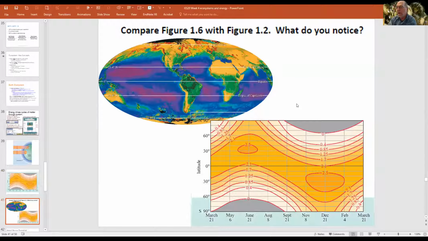So, if we look at how this plays out on Earth, this is a composite image, and the green color is an indication of primary production by plants. And so what do you see when you look at this? You see areas of high productivity marked by green.